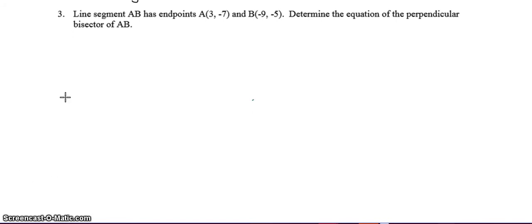So in this case, we have a line segment AB. So A would be here, and B would be here. Now, a perpendicular bisector goes through the midpoint of AB. So the first thing you have to do is find the midpoint of AB.